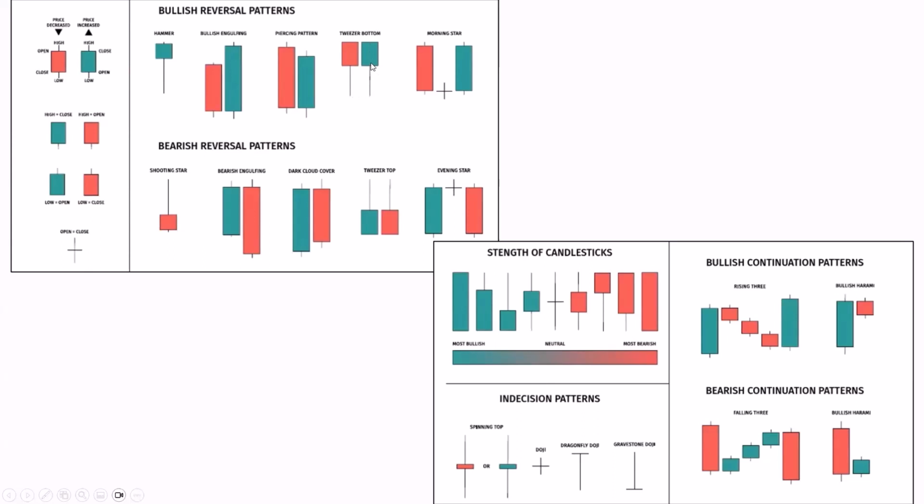That's an indication that price is getting ready to reverse and go up. Same thing with the bearish. Price is coming up this way, and then price is pushed and it can't close and it comes back down. Next candle opens up, it can't close higher, and that's an indication that it's going to go back down.